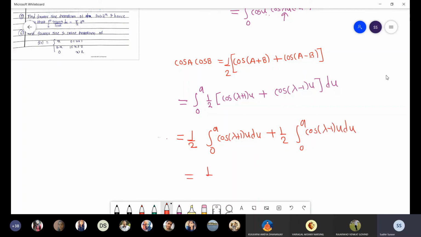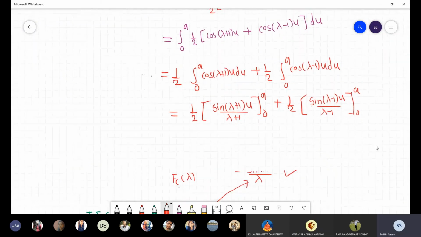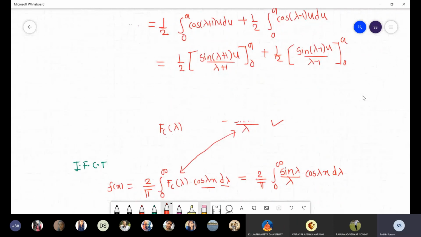It is 1 by 2 times sine (lambda plus 1)u divided by lambda plus 1, because we are integrating with respect to u with limits from 0 to a, and similarly 1 by 2 sine (lambda minus 1)u divided by lambda minus 1, also evaluated from 0 to a. Now put in the upper and lower limits and you will get the expression that is the Fourier cosine transform. So let us evaluate this further.